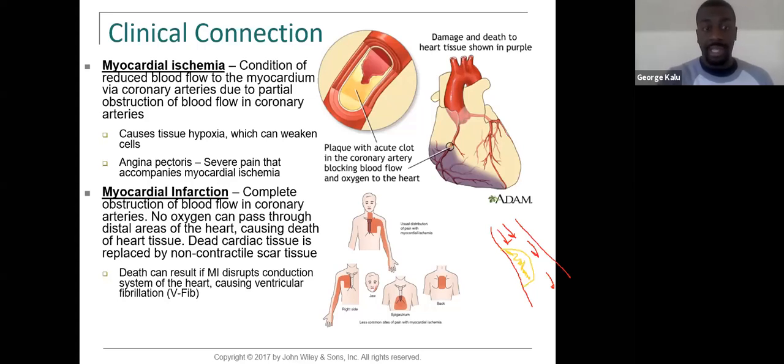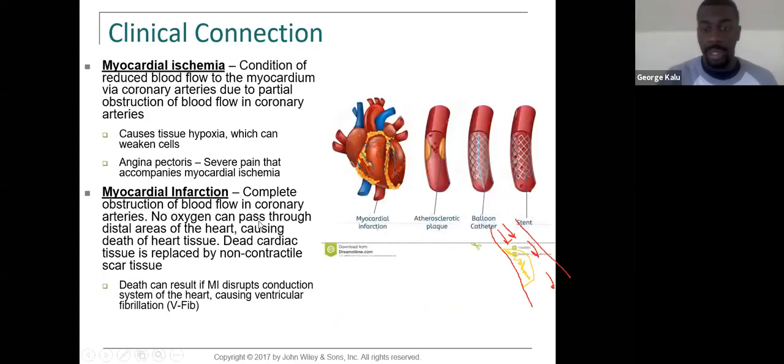Okay. So in order to treat this, what we're going to be working with is what's called a stent. What a cardiologist will do is find the area that has the plaque buildup. They'll insert a balloon catheter into that particular vessel, and that balloon catheter will eventually expand.